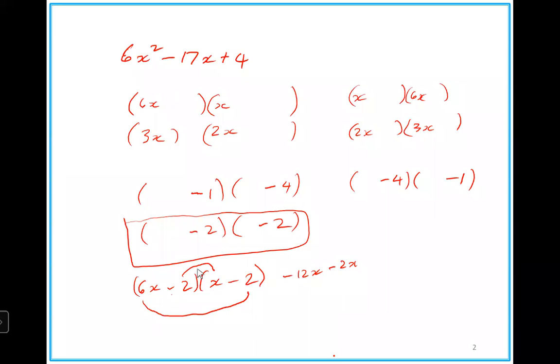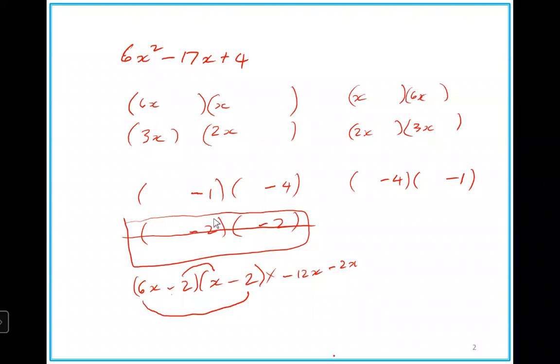So we know that this one won't work. So we could rule out using negative 2 as your last term for the two binomials.